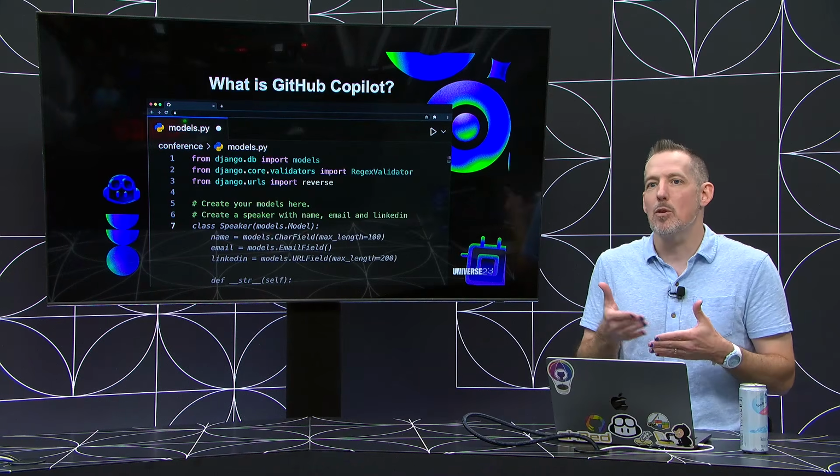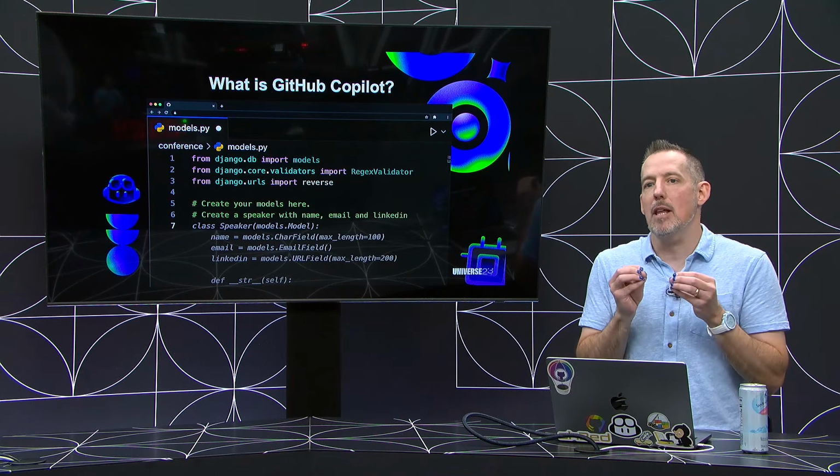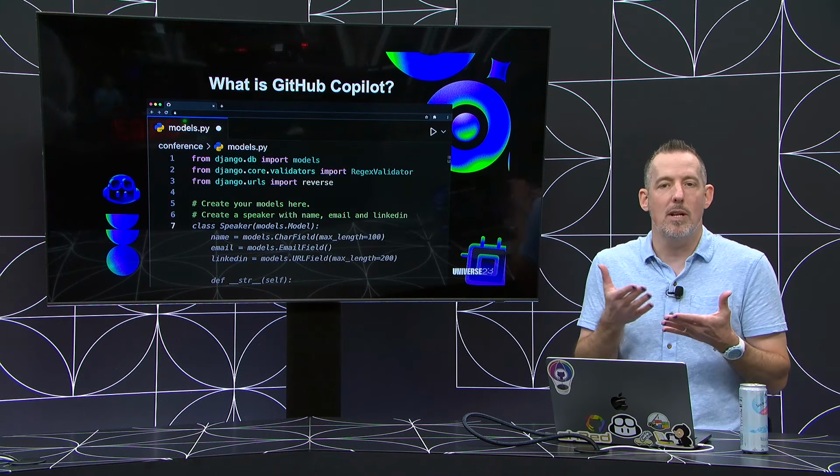So I want to start off by talking a little bit about GitHub Copilot and how it works behind the scenes, and then we'll get into some tips and tricks that you can start to implement as you explore the tool. So what is GitHub Copilot? GitHub Copilot is a suite of tools. I'm going to be primarily focused on code completion.